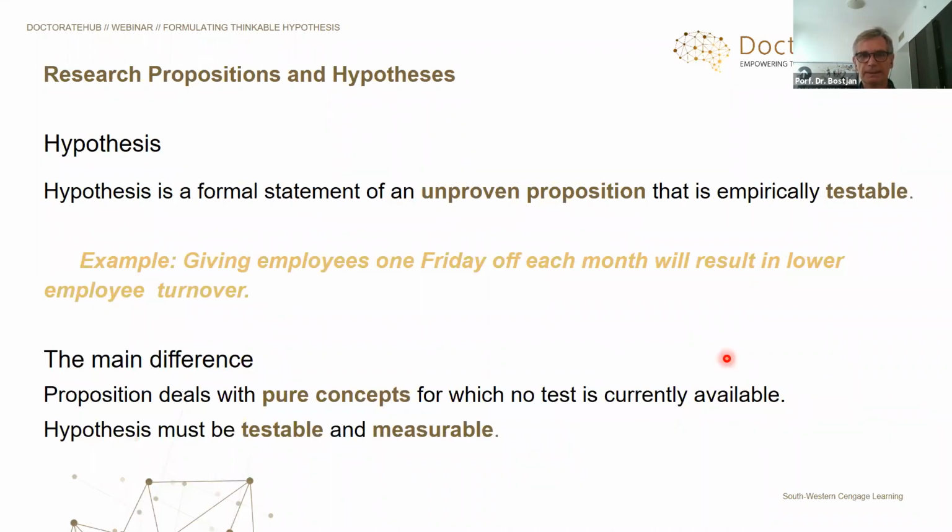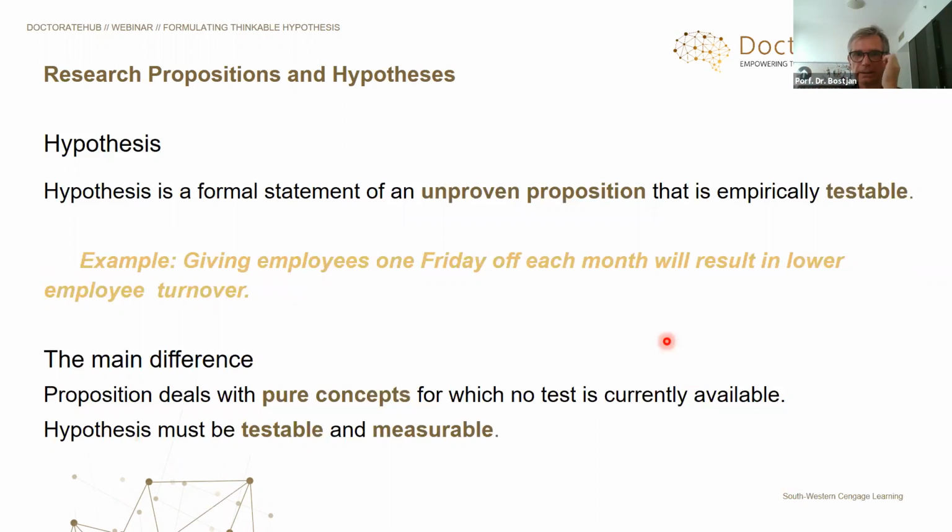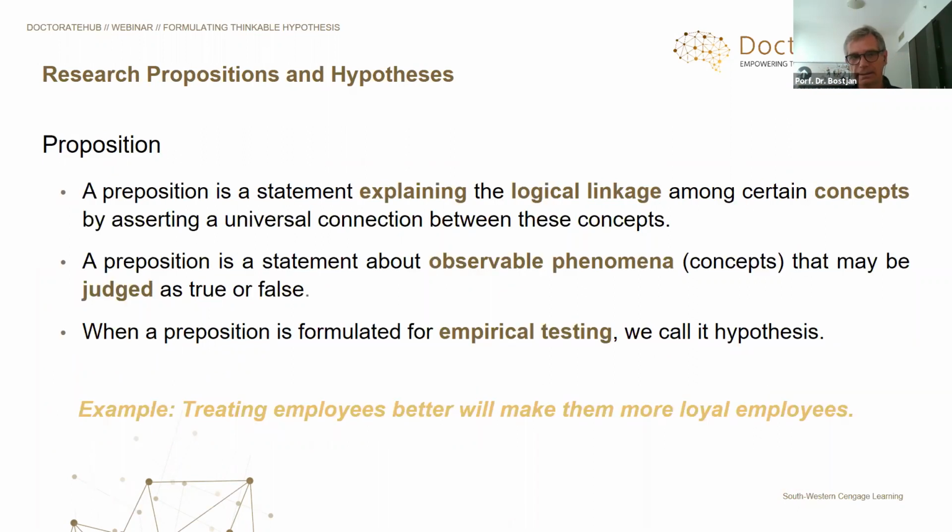For example, that will be then the next stage. So we are trying to, as we said, write now a hypothesis based on the previous sentence. Treating employees better will make them more loyal employees. That's a proposition. And then theoretically, you could use actually the next hypothesis, which will be written in a way, giving employees one Friday off. And that means treating them better.